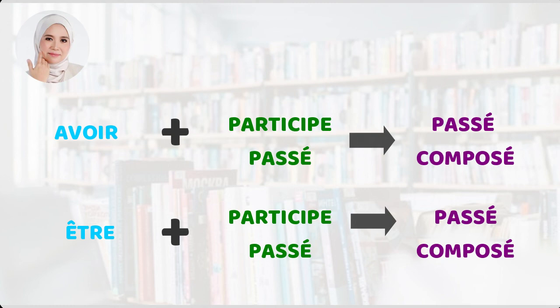And most importantly, when using auxiliary être, how is the passé composé formed when there are different genders and numbers? You have to add the endings, either e, s or es, such as masculine, feminine, singular, and plural. Well, that is part 2 of passé composé.